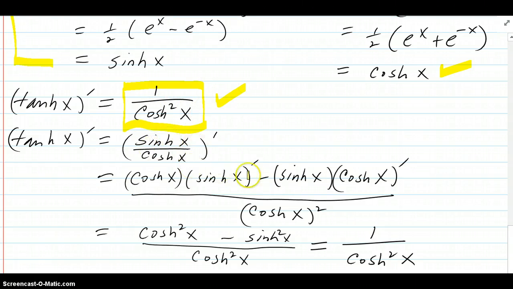And if you differentiate this with the quotient rule, you do simplify out to get 1 over cosh squared x. And there's your hyperbolic identity there. Cosh squared x minus sinh squared x is 1.